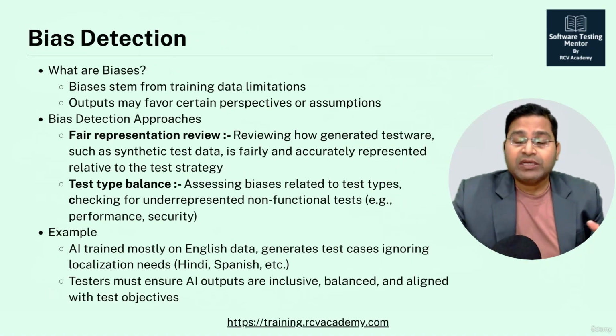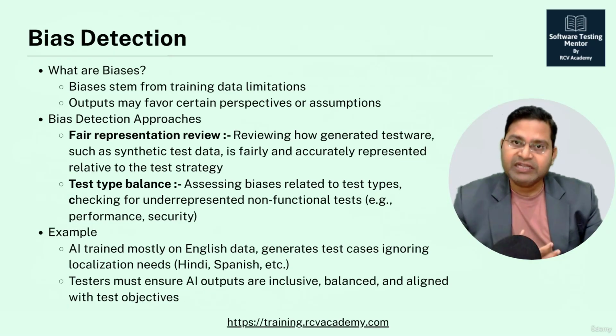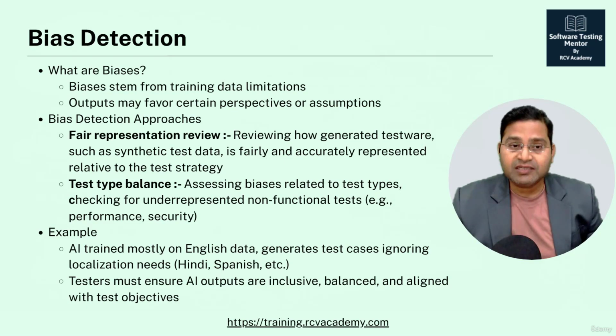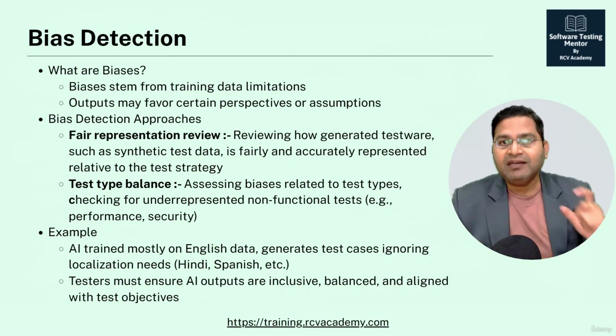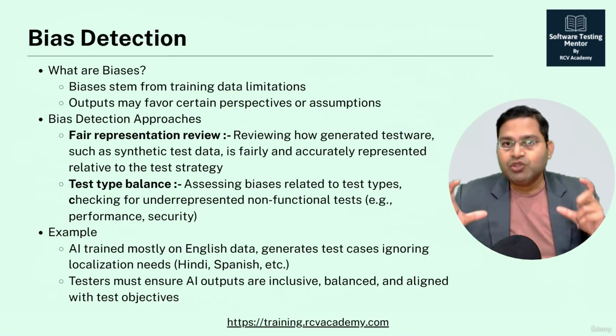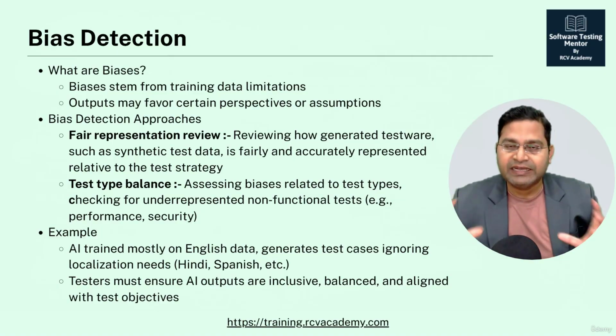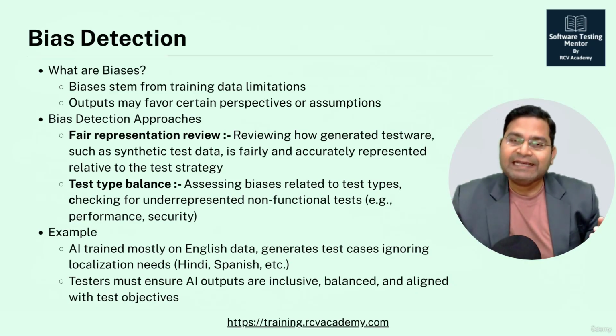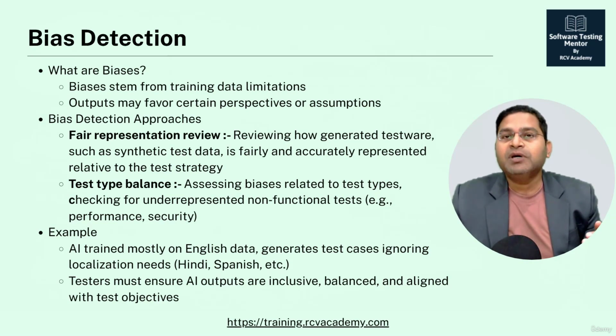Now the bias detection, how you can detect the biases. Bias comes from training data limitations, where outputs may favor certain perspectives or assumptions. How you can detect it: fair representation review. This is one of the techniques for bias detection. Review that the generated testware, such as synthetic test data, is fairly and accurately represented relative to the test strategy. For example, within your test strategy you have a requirement for customer data across the globe, and you write a prompt to generative AI to generate customer data: first name, middle name, last name, and the address from 10 different countries.